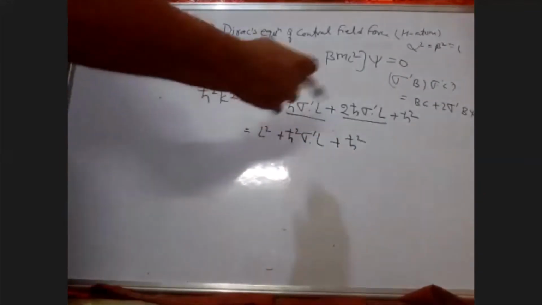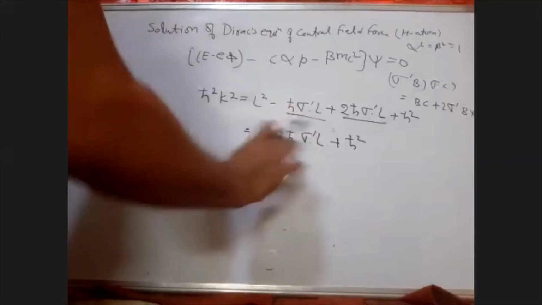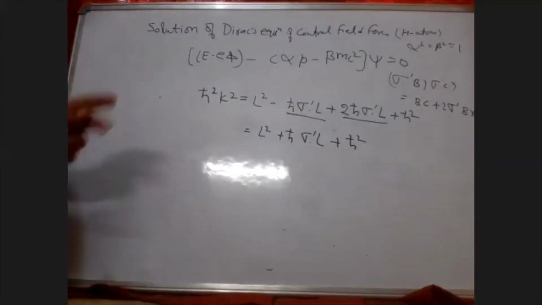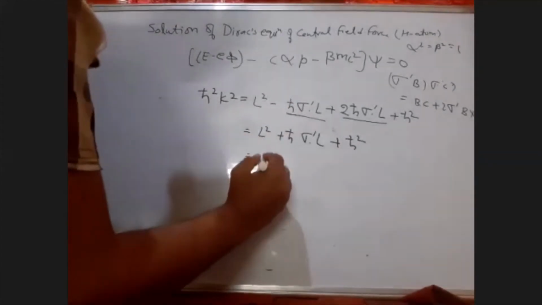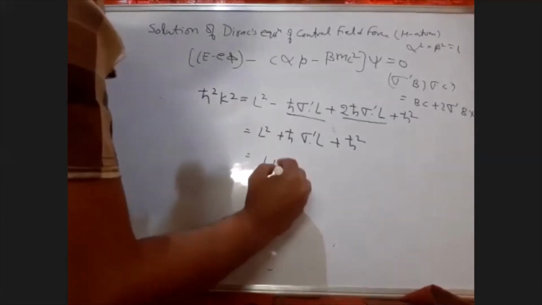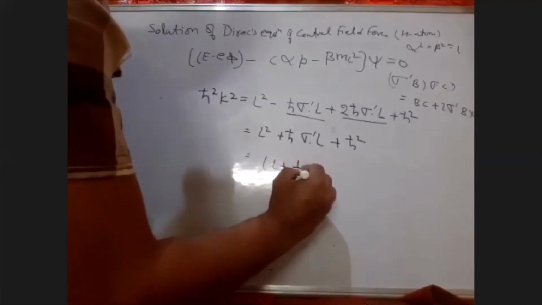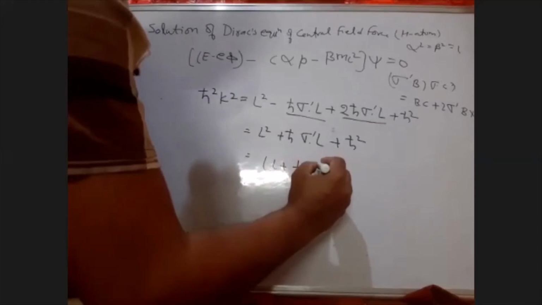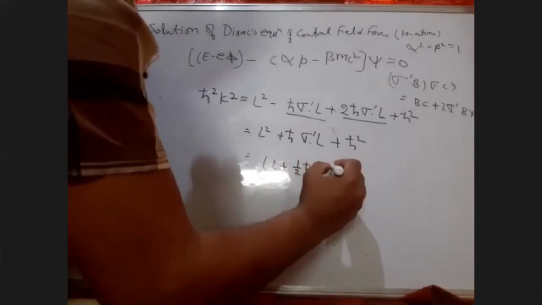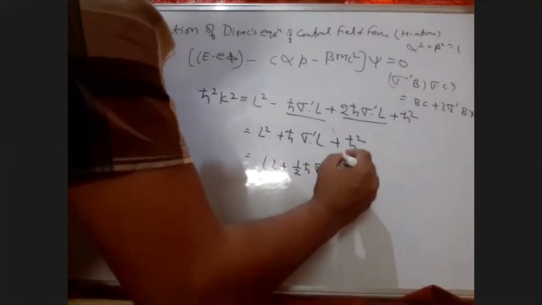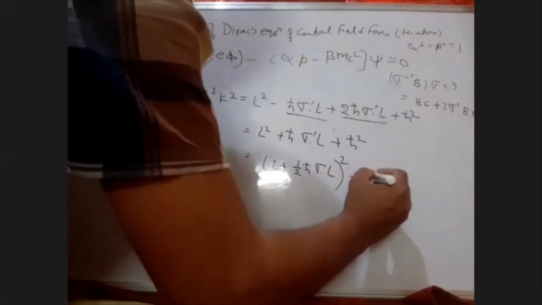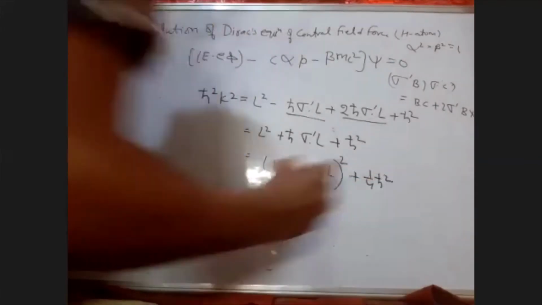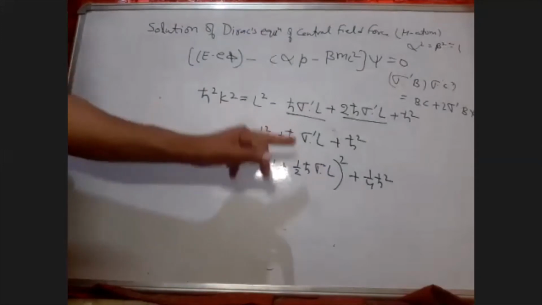We can rearrange it as (L plus half h cross sigma dot L) square plus 1 by 4 h cross square. We can write this like that.